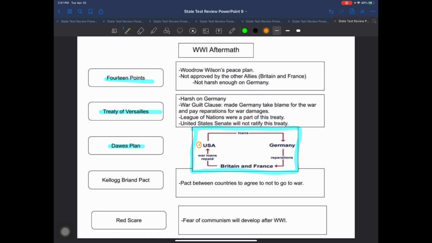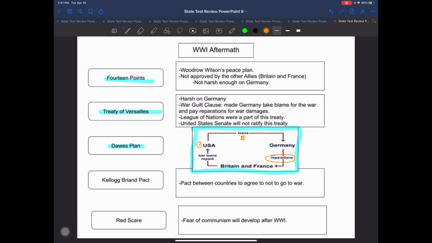We gave loans, we gave money to Germany, which, please remember, was our enemy during World War I. So you may be thinking, we are giving these folks that we just defeated in this war money. Yes, and the reason we're giving them money is because Germany has to pay reparations. Remember, that was a part of the treaty.